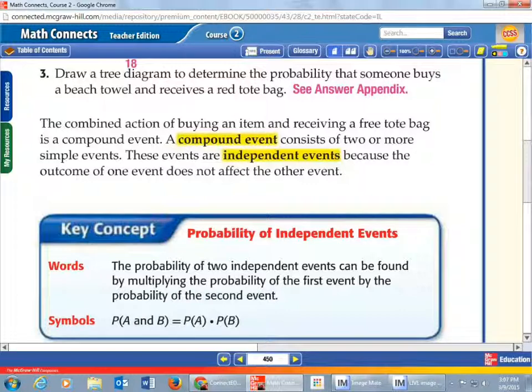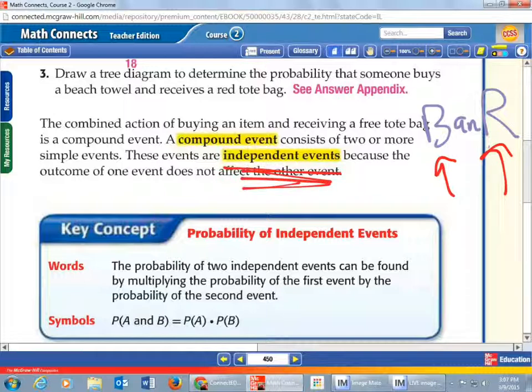These events were independent events because one doesn't affect the other. So we had beach towel and red tote, but they were independent because the beach towel wasn't red and the tote wasn't a towel. They were separate. So finding the probability of one event and another event is the probability of one event times the probability of another event.